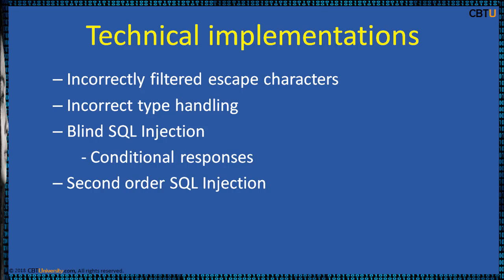Technical implementations of SQL injection are incorrectly filtered escape characters, incorrect type handling, blind SQL injection, conditional responses, and second-order SQL injection. Other techniques are authorization bypass, that is, bypassing logon forms; using the select command to retrieve data from the database; using the insert command to add information to the database; using SQL Server stored procedures; and using a single quote in the input.